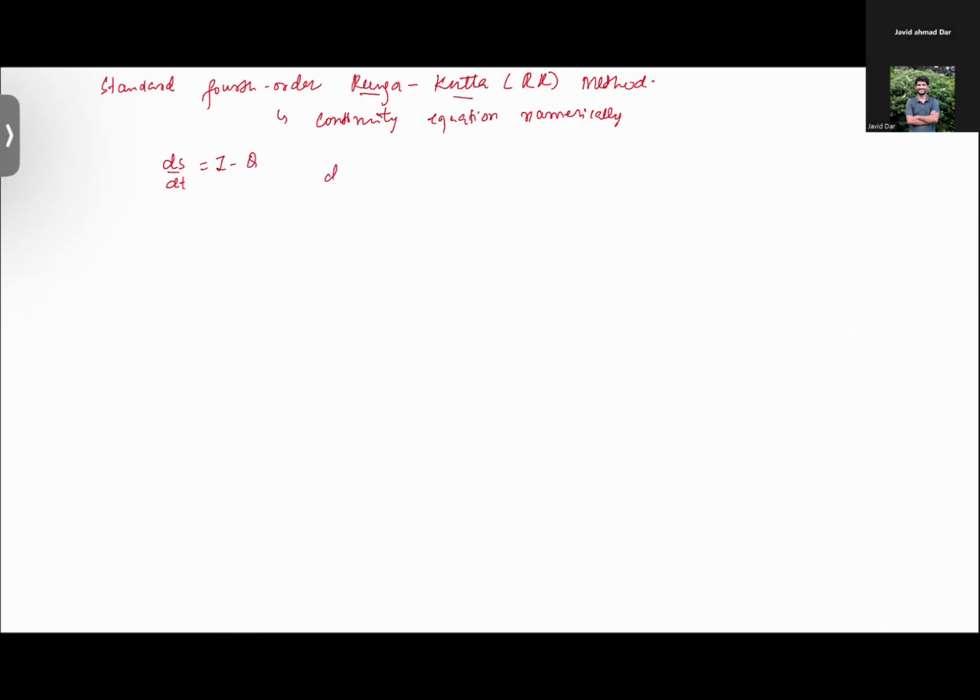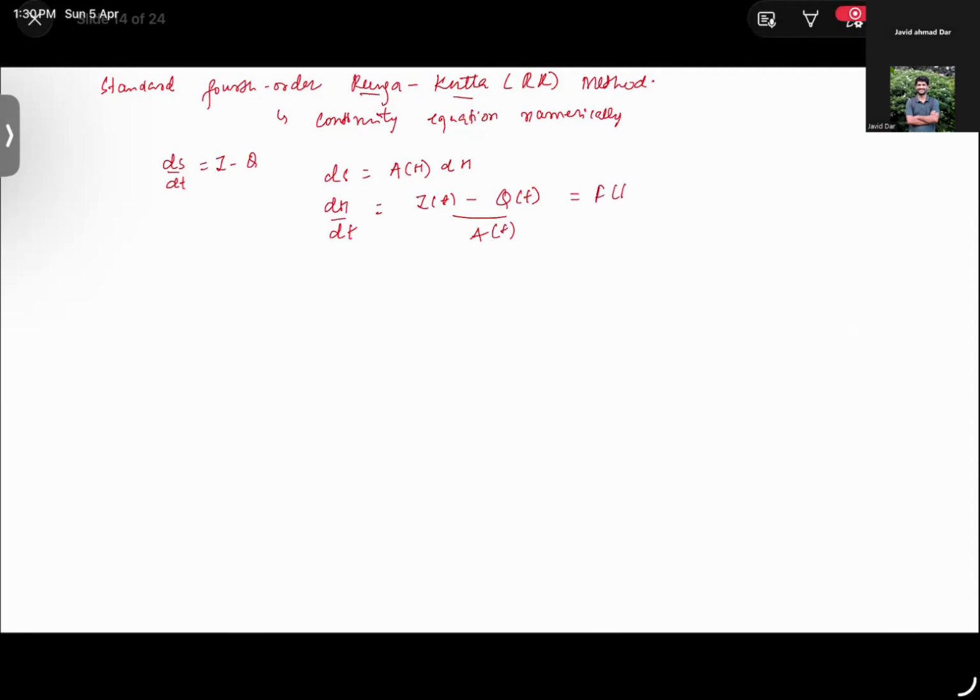So dS we can write as area function of h into dh, and then we can write dh by dt as I of t minus Q of t divided by A of h. This we can call f of t comma h.